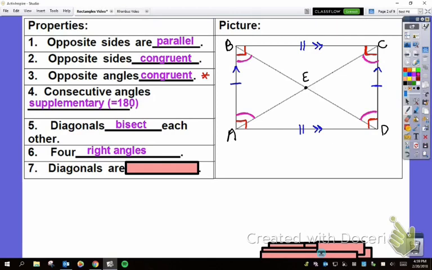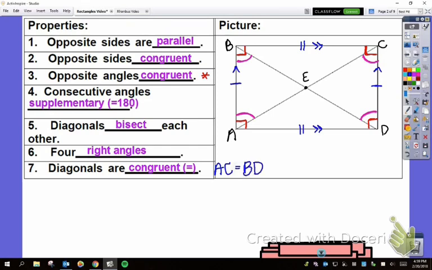Now our last property for rectangles is diagonals are congruent. What we're talking about here is the full length of our diagonals. So we would say that AC is equal to BD.